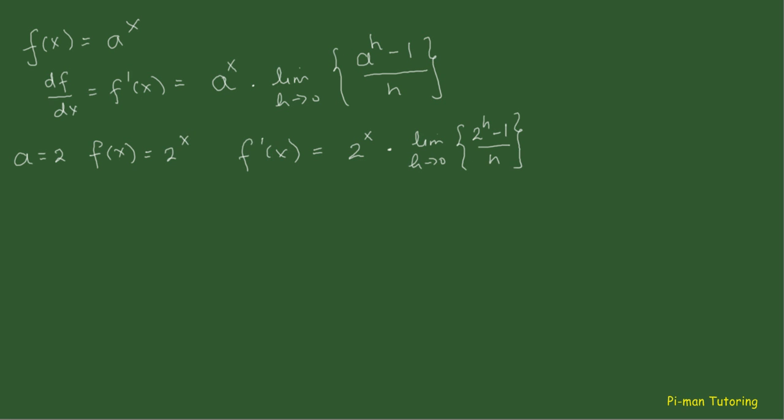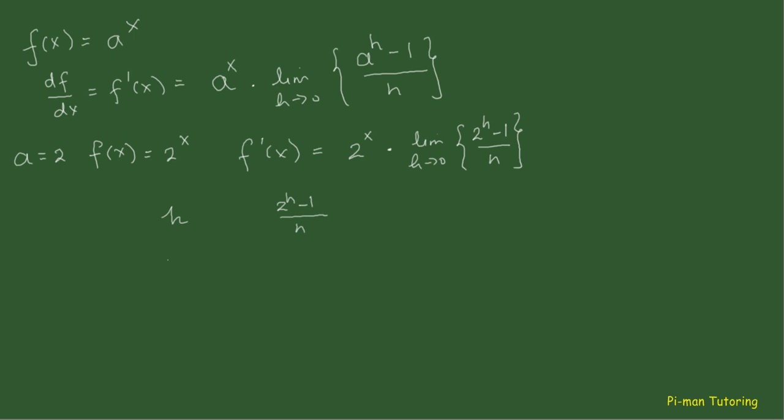Okay, so let's put in some numbers as we did when we were calculating instantaneous rates of change. Instead of letting h be 0, let's put in some small values of h and see what happens. Let's make a little table. We'll take different values of h and calculate 2 to the h minus 1 over h.